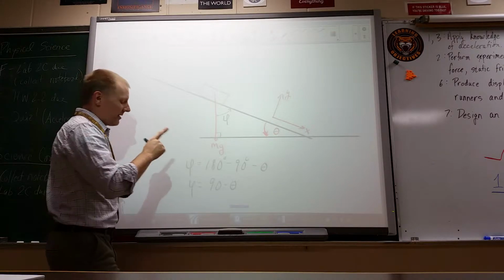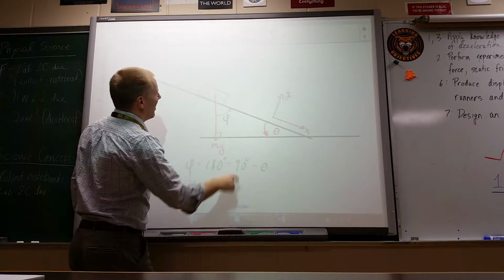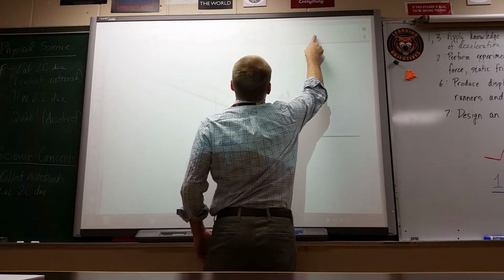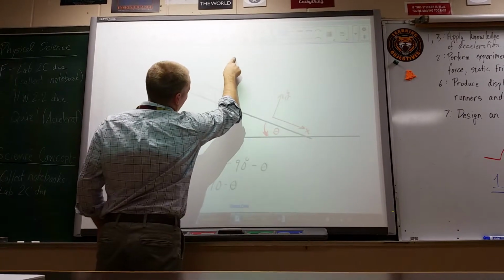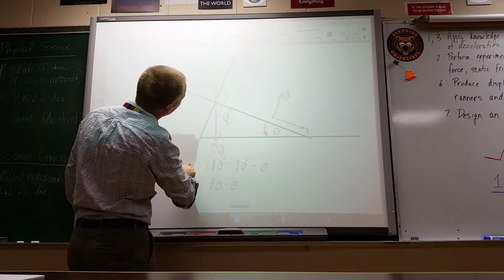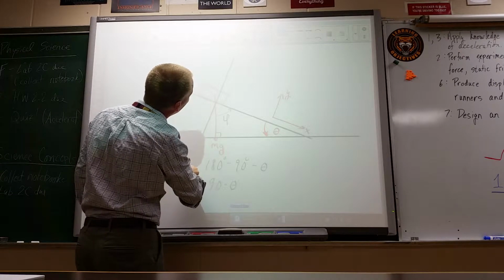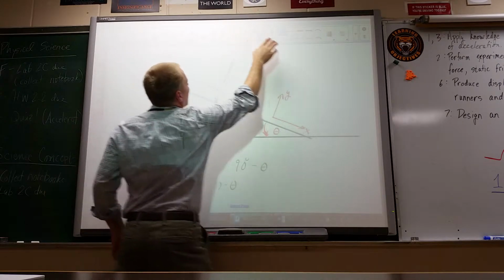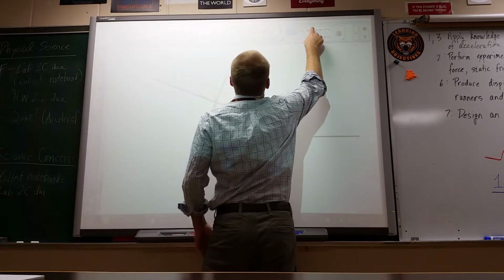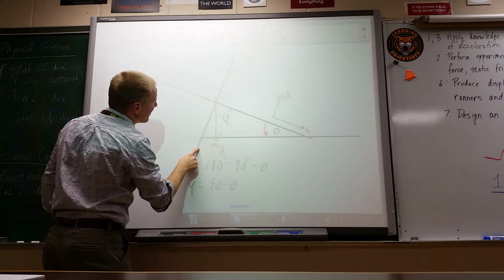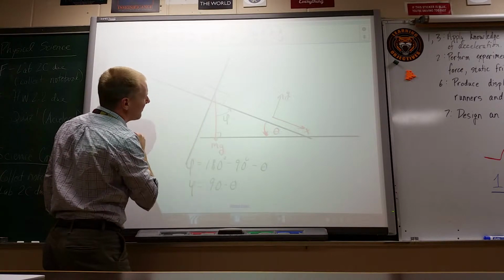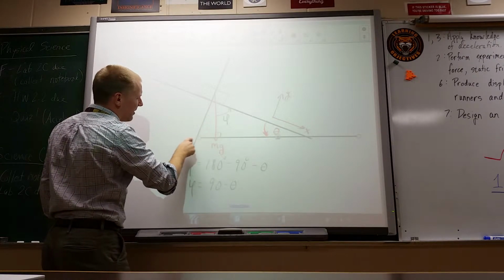So that angle is 90 minus theta. That could be useful, but there's an even better way to do it. Now I'm going to draw another line here, as best I can, perpendicular to my ramp. And then I'm going to move it so it's right there. I'll extend that.